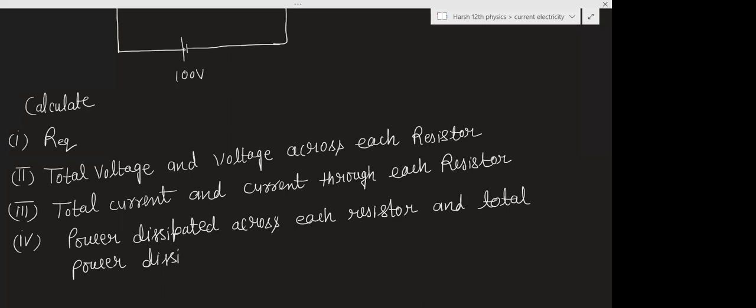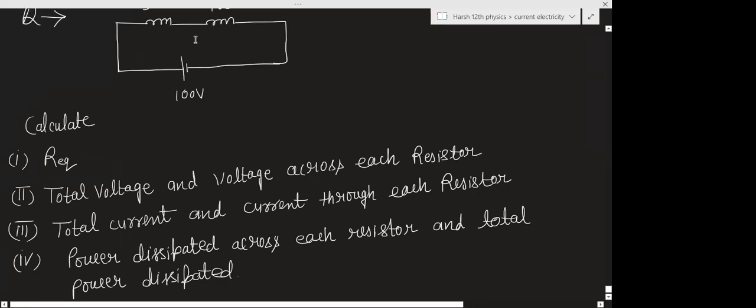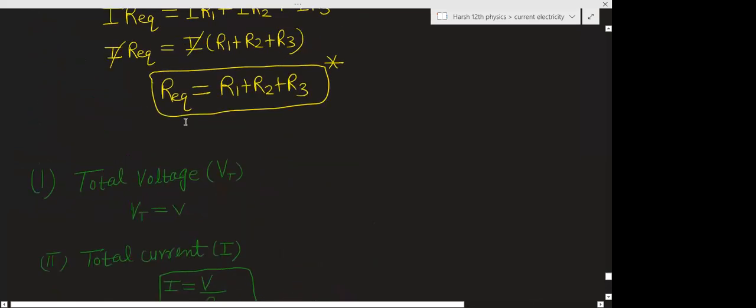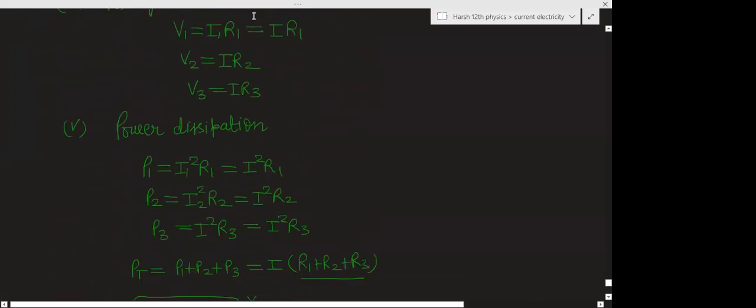Can you solve this question, Harsh? Yes, sir. Try by yourself, and I am giving you a time of 5 to 6 minutes. You can check all things and formulas from here.